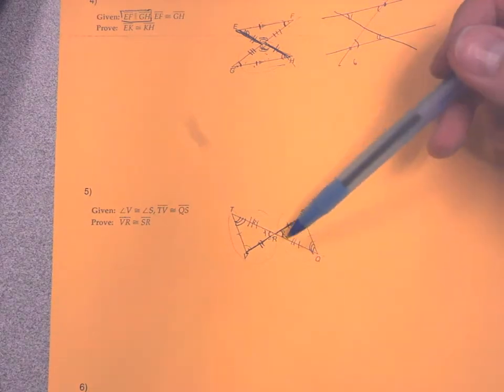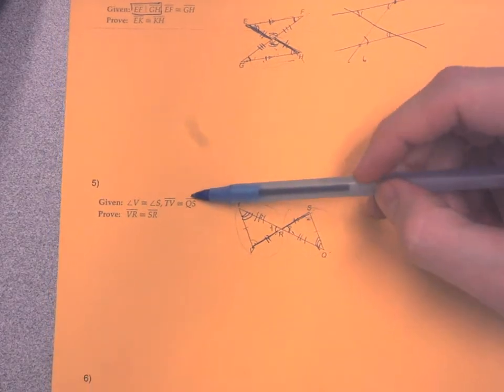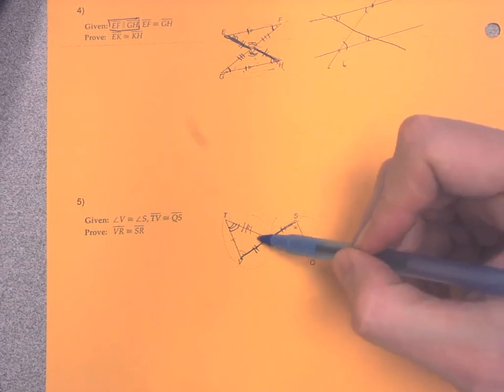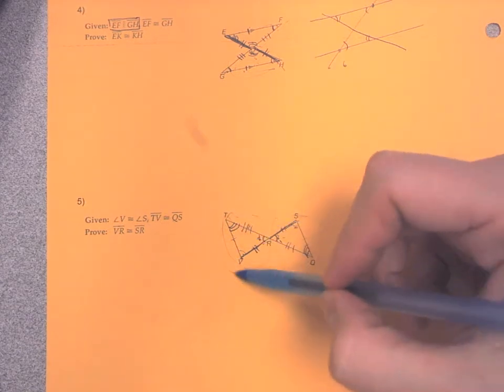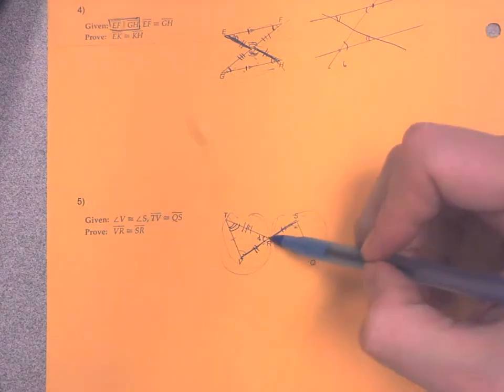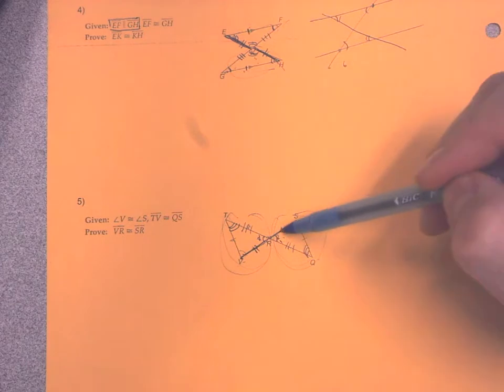Now, a few of those we already had, but we get the rest of them as soon as we prove the triangles are congruent. Okay, so start with the given, then go to the vertical angles, say that they're congruent by vertical angles theorem, then say that the triangles are congruent by angle, angle, side, then use CPCTC to show that VR is congruent to SR.